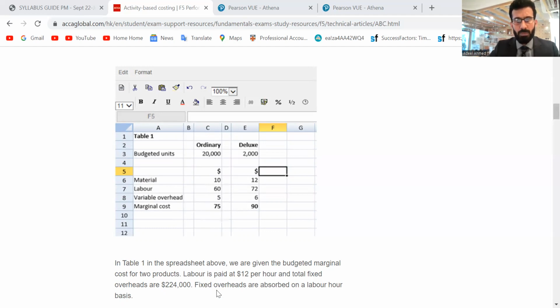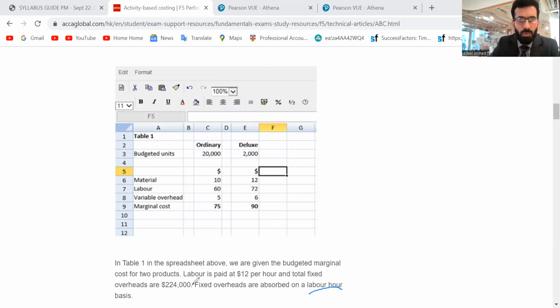So what information do we have about the fixed overheads? Fixed overheads are a total of 224,000 for the whole period in this example. The basis used to absorb the overheads, as you can see, is labor hours. So we have to look at absorbing the overheads based on labor hours.